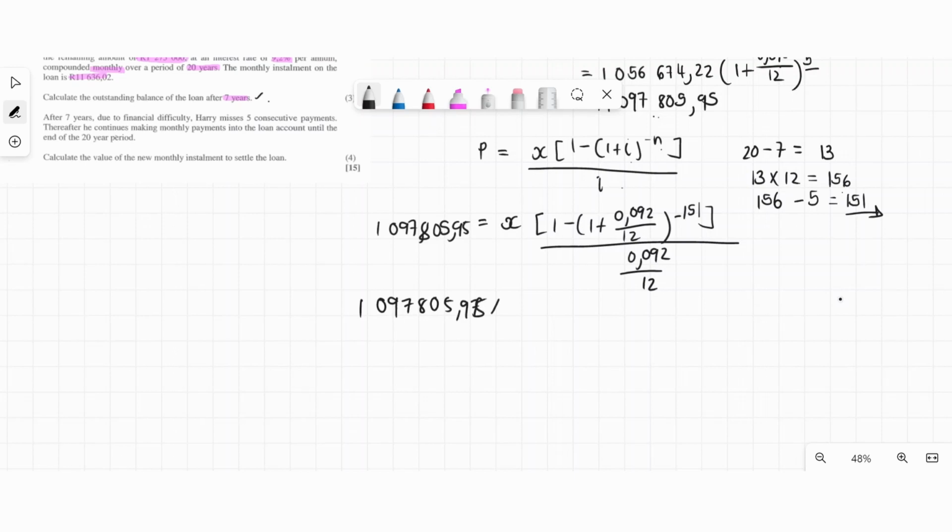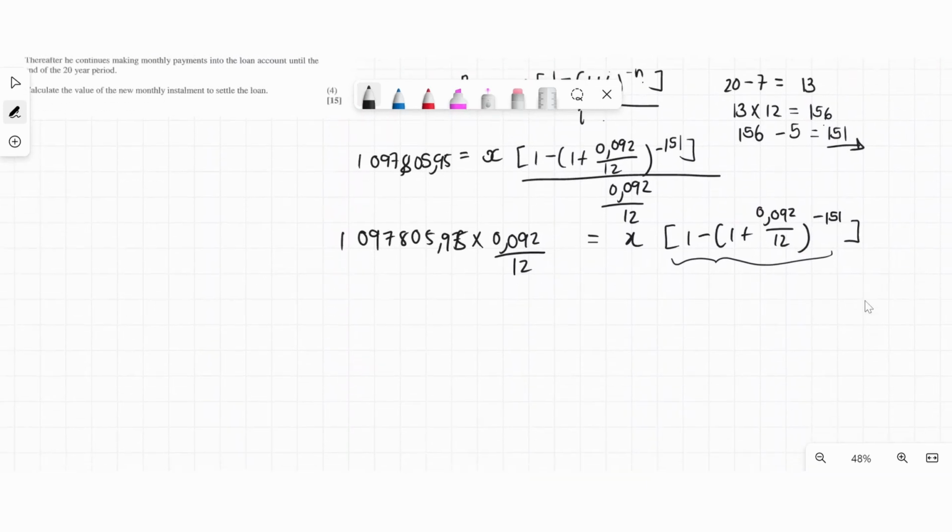Multiplied by. Remember that we're making X subject of the formula. Divide both sides by this part. So this one can cancel. So it's going to be the same as saying this.